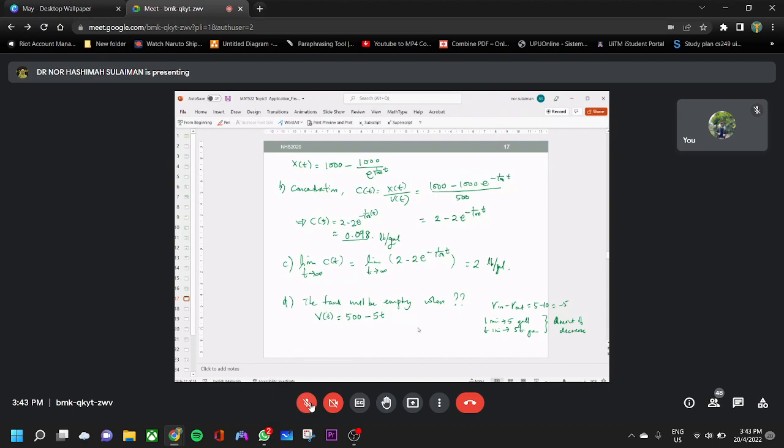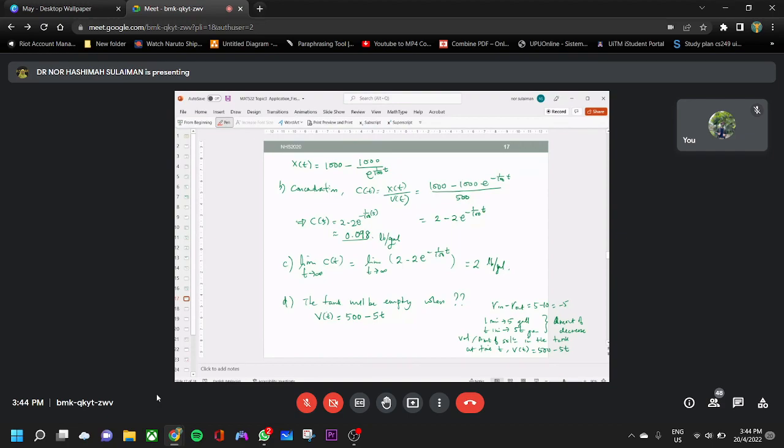Faham ke? Faham. Ini maknanya amount or volume of solution in the tank at time T. VT equals to, saya tulis kat sini 500 minus 5T.